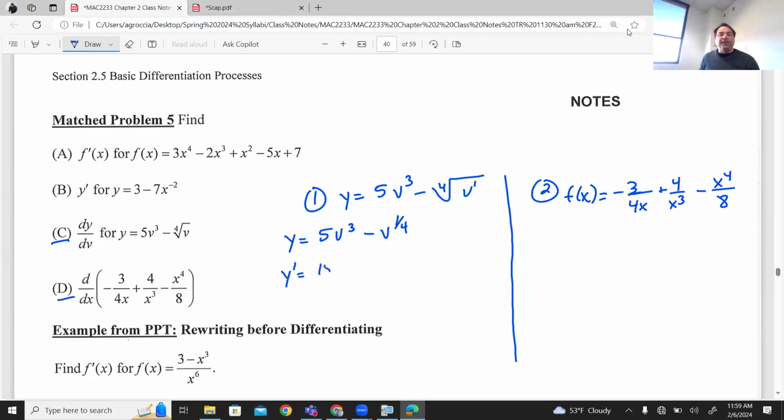That's going to be 15v squared minus 1/4 v to the, what is this going to be? Negative 3/4. Again, if you need the calculator, use the calculator. If you're like, I'm bad at fractions, use the calculator, okay? I'm not going to show it every time. And then I would write this as 15v squared minus 1/4 v to the 3/4 as my final answer.